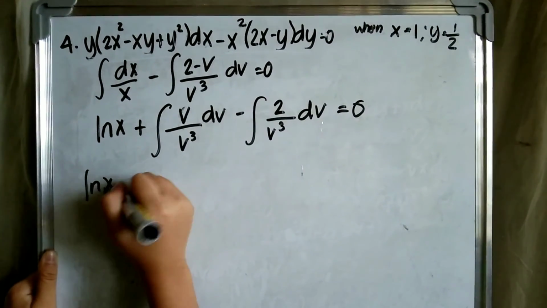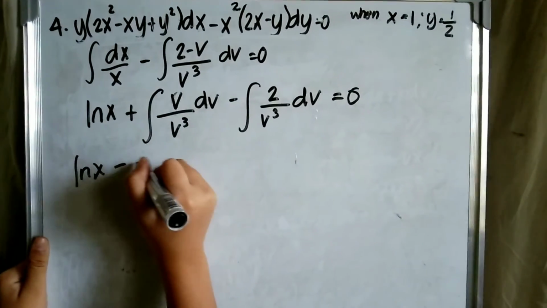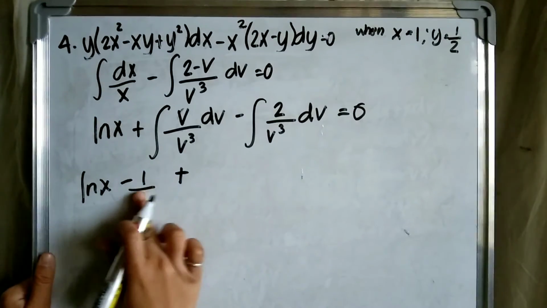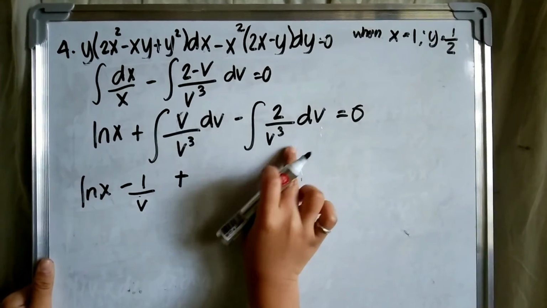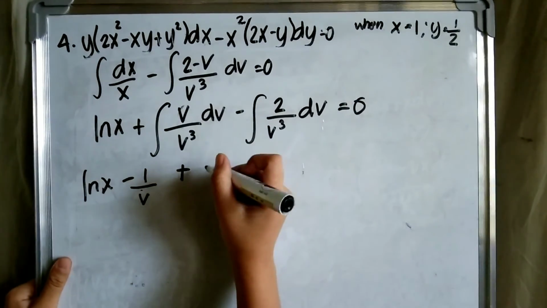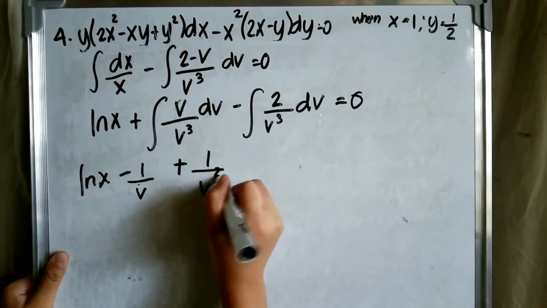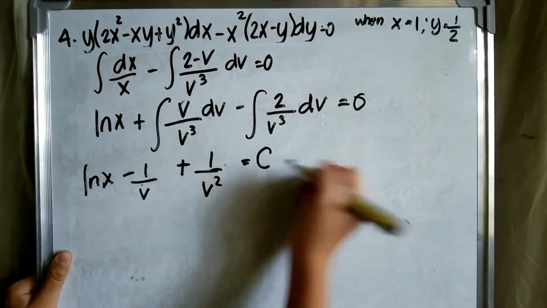Copy ln x, and the integral of v over v cubed is negative 1 over v plus, and the integral of 2 over v cubed, this will become positive 1 over v squared is equal to c.